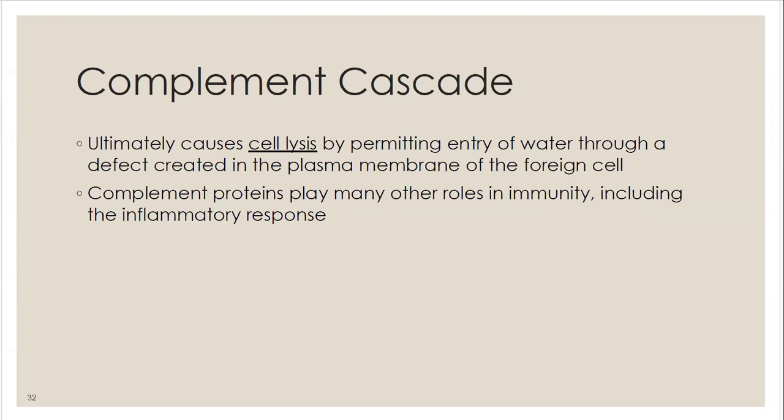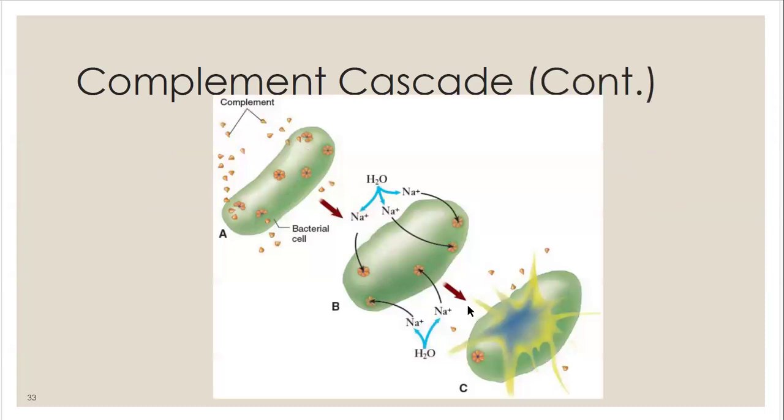When the antibodies bind to antigens on the surface of the pathogen, they trigger the activation of the complement cascade, and that provides a defense. These complement proteins are a vital component of the immune system, and they act as a bridge between the innate and the adaptive immune system to help eliminate pathogens.